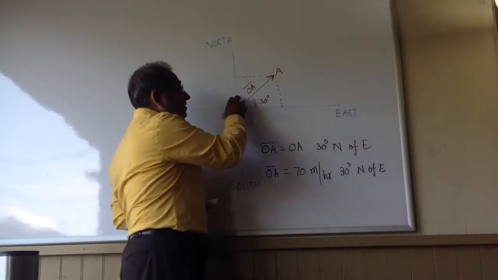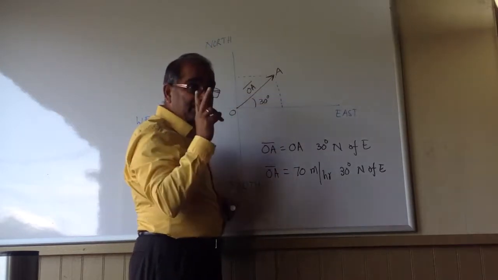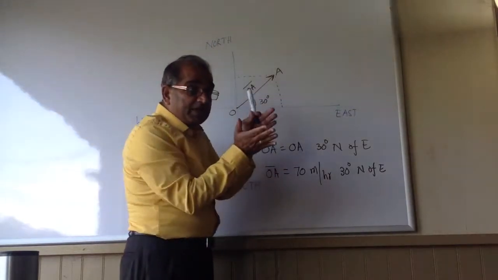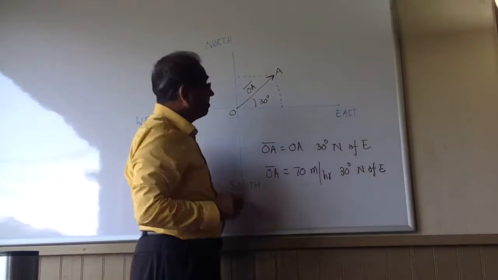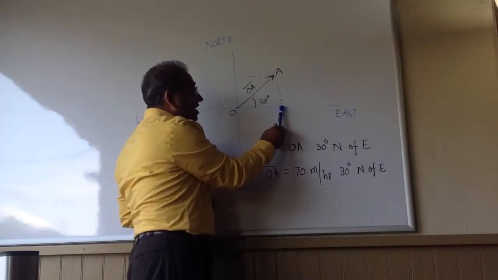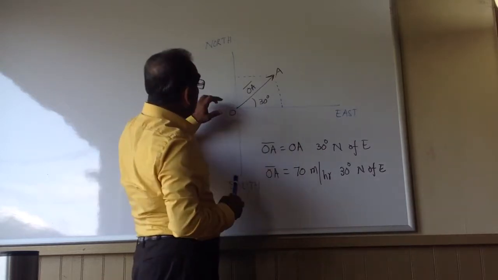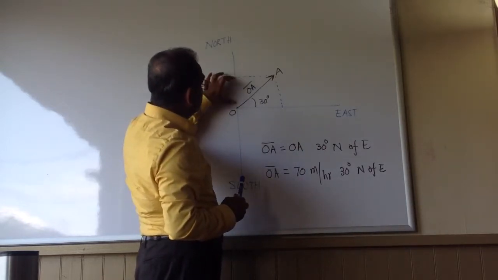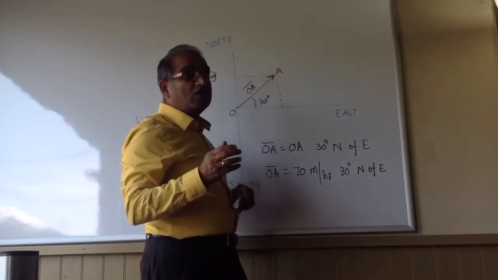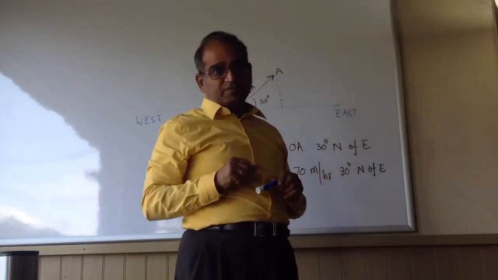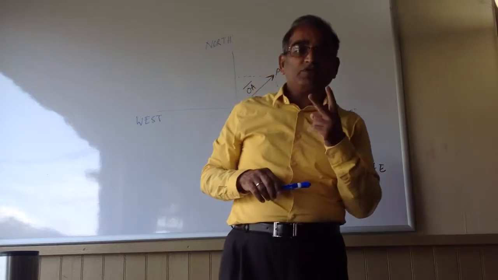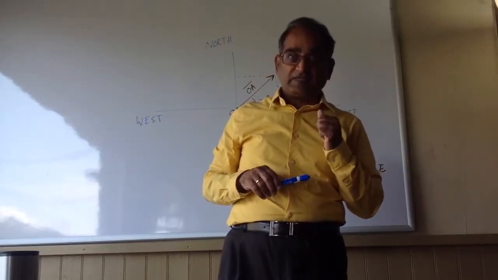So, this vector OA has two perpendicular components. One is along the east direction, this length, and one is along this direction, this length. So these are called components of a vector. Any vector can have two rectangular components.